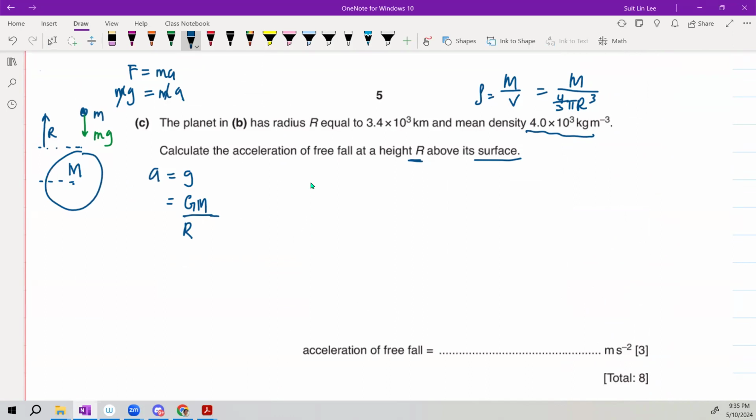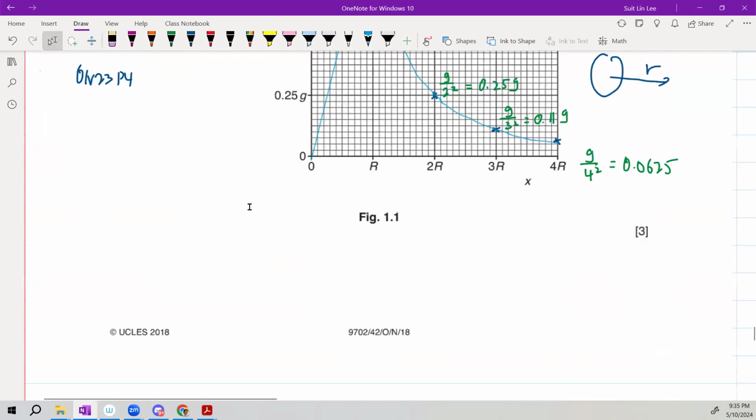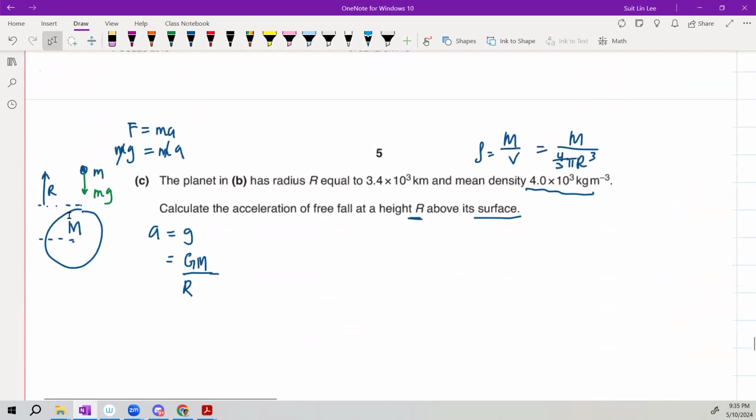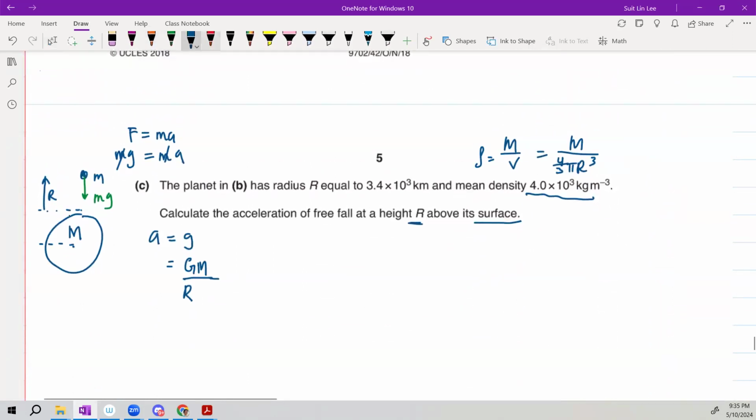But what is capital R? Capital R is the radius. So the total height measured from the center is not R, it is R plus R, squared. We always measure distances from the center to the object, making this 2R.